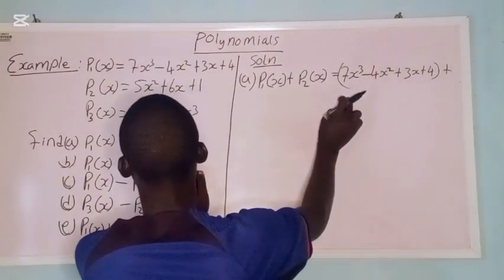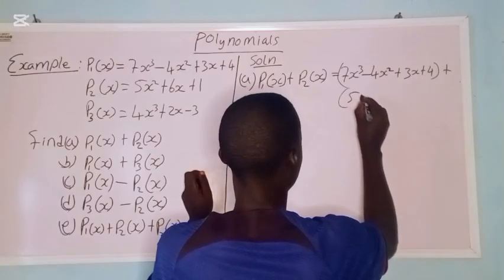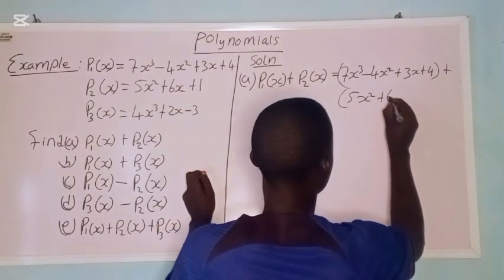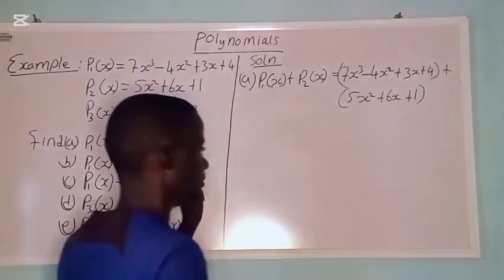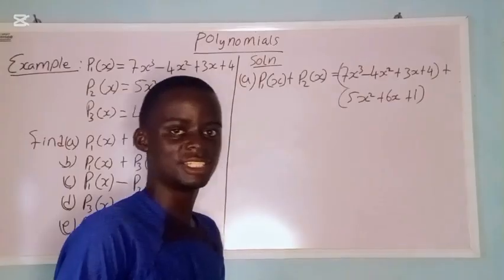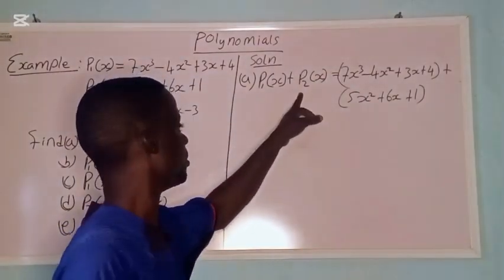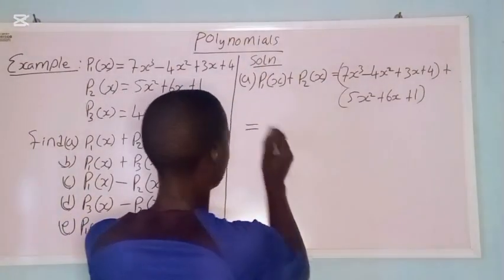So now let me bring the P2 here. So I have P2, which is 5x squared plus 6x plus 1, close the bracket. So now they say this is addition. We want to add P1 and P2. So what we'll do there is that we'll now say equals to.